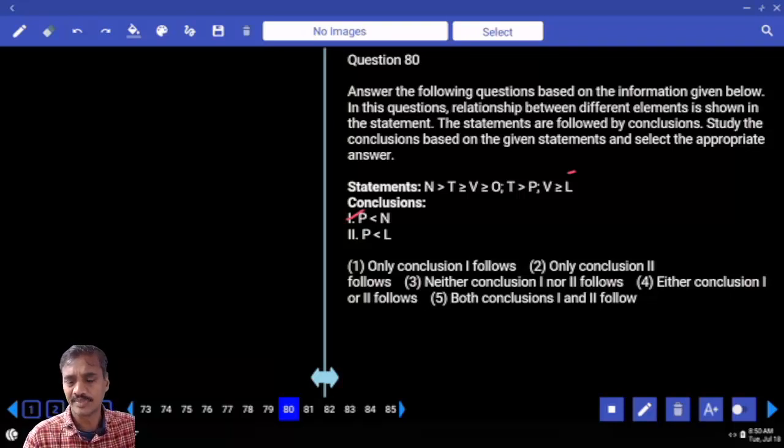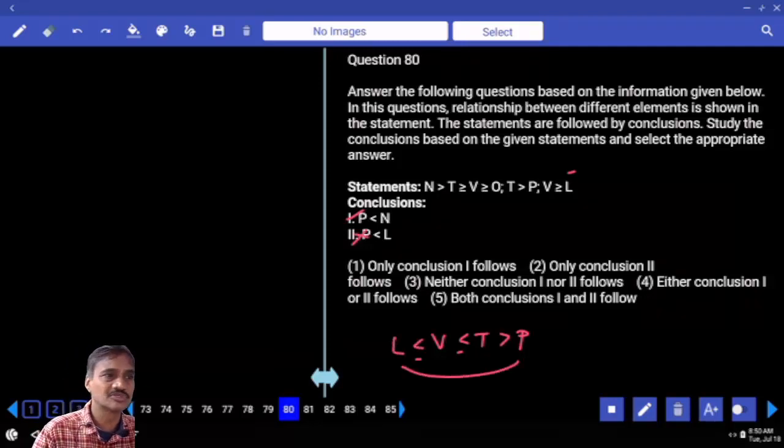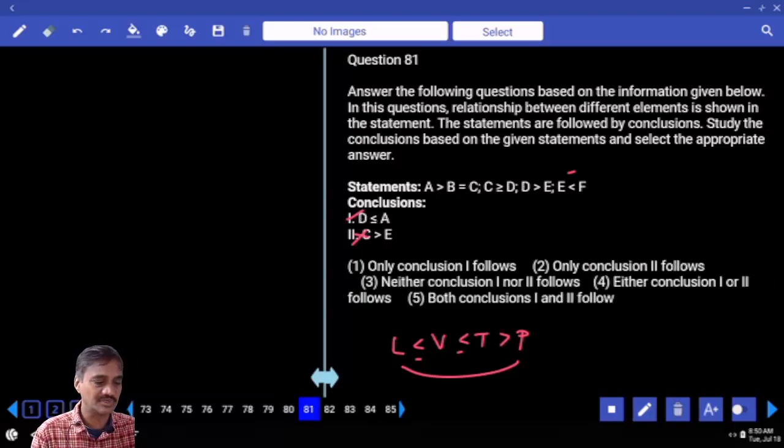There is none. T greater than P, and V lesser than or equal to T, and V greater than or equal to L, L lesser than or equal to B. Between L and P, 2 opposite symbols, so no relation can be drawn. So what is your answer? Only one, choice 1.